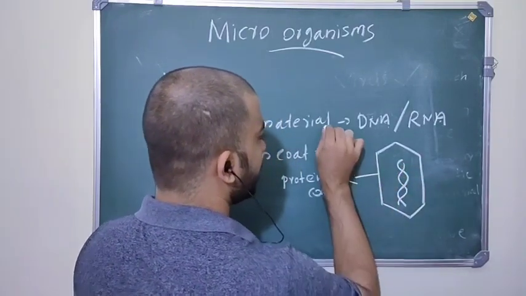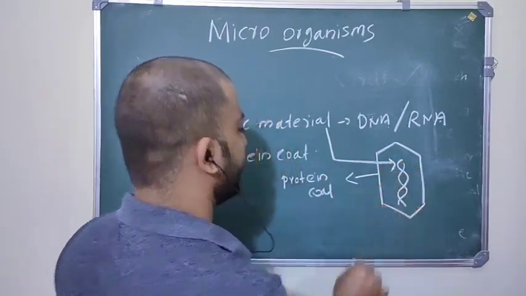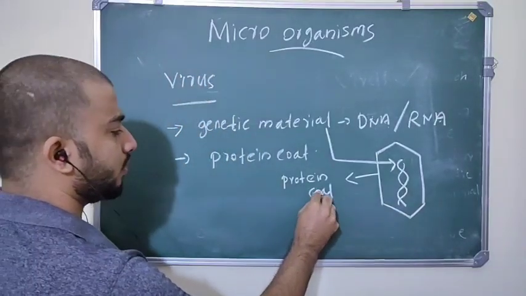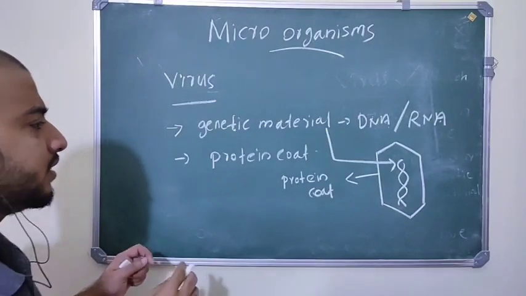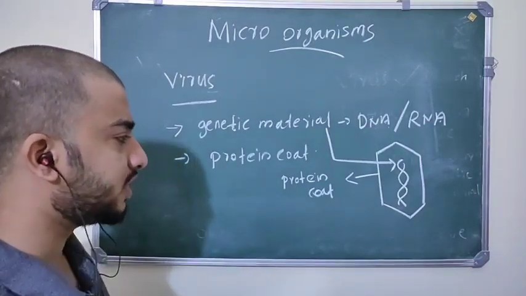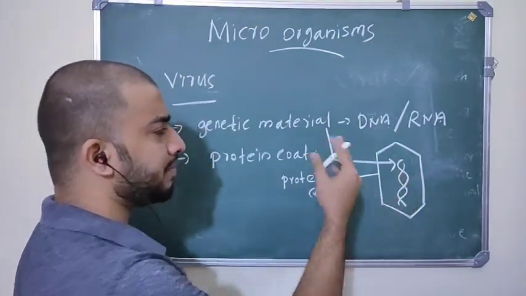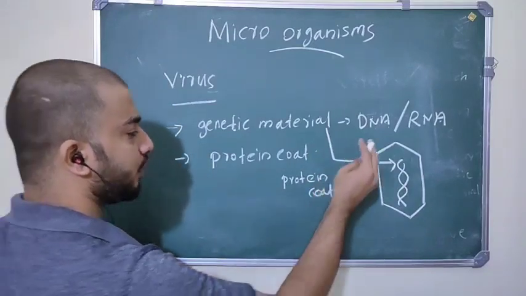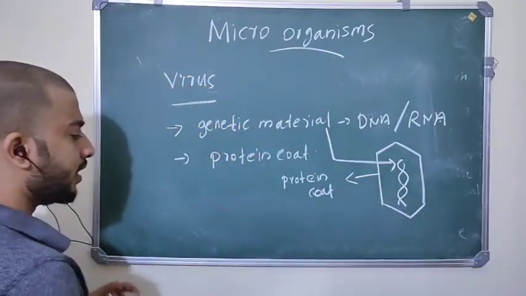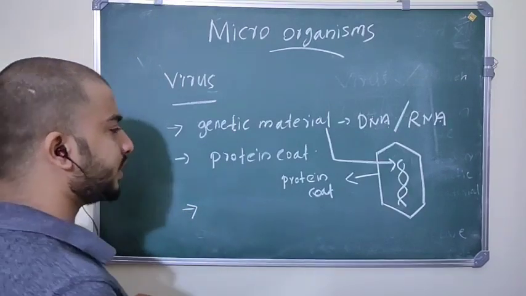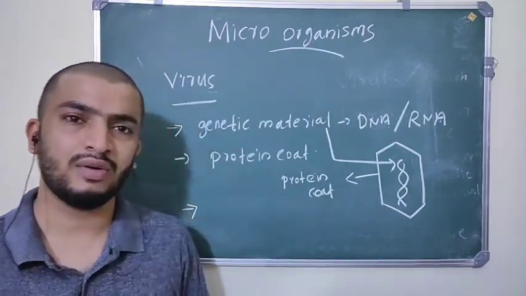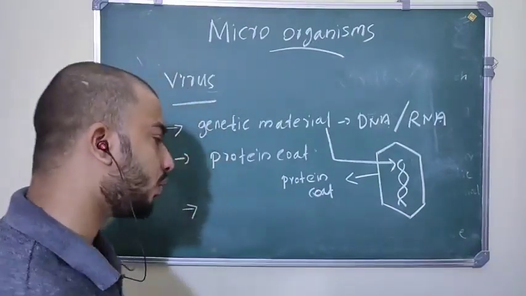So they have a simple structure: genetic material that may be DNA or RNA, protected by a protein coat. And we already discussed that the study of virus is called virology. And these viruses are found in different shapes. They may be in rod shape.